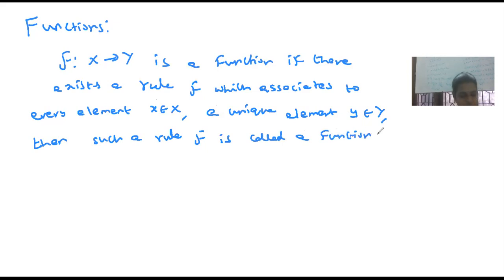Okay ma, such a rule f is called a function or mapping from set x to the set y. So here understand பண்ணிக்கோ எல்லாரும் என்ன பண்ண போறோம் அப்படினு சொன்னா, here we are having that is x. You can call this x as domain and here y as codomain.